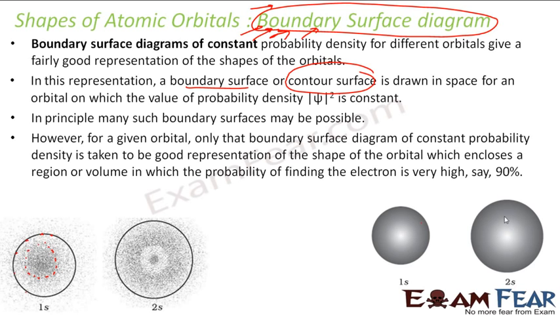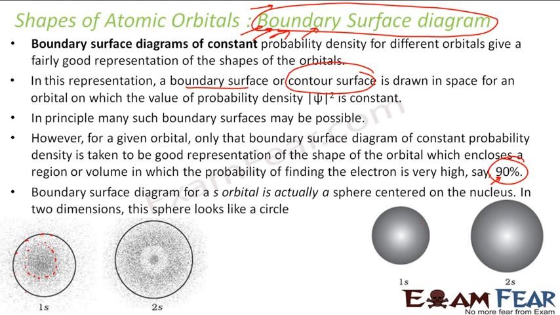And generally we take the probability as 90%. 100% is not possible, because if you say 100%, that means you are sure the electron exists there, and that contradicts the Heisenberg principle, where you can't actually tell the position of the electron. So it can't be 100%, almost 90%. So we generally draw a contour and we get this kind of shape.